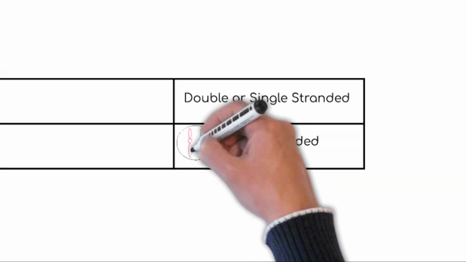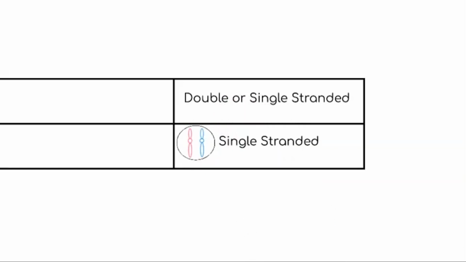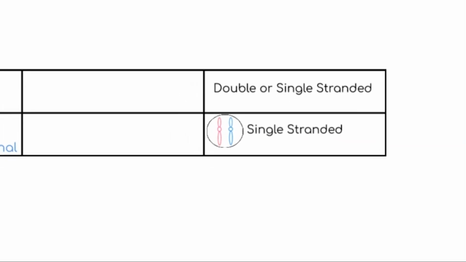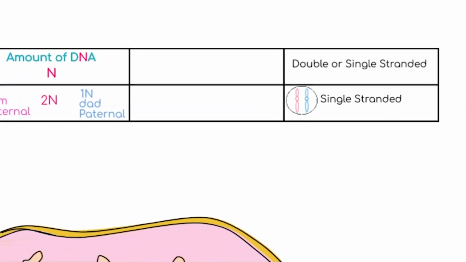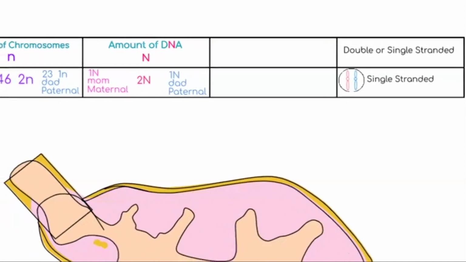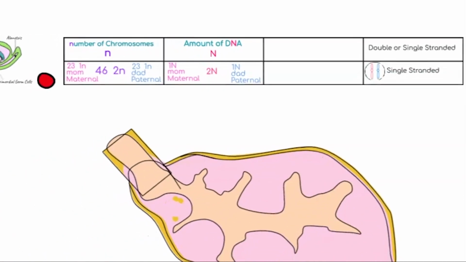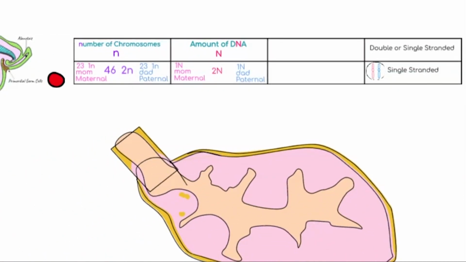So you remember this stuff a little bit? Okay. Just to repeat, in these you have a full set of 46 single structured chromosomes: 23 paternal, 1 small n, 1 big N, and 23 maternal, 1 small n, 1 big N. And this is where you get the 2n and the 2N. So this is a regular cell, not a sex cell.